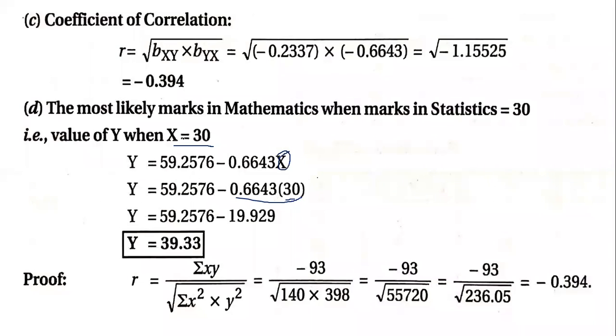So when the statistics marks is 30, the mathematics marks of the person is going to be 39.33. This is the final question and the final answer that we have got.